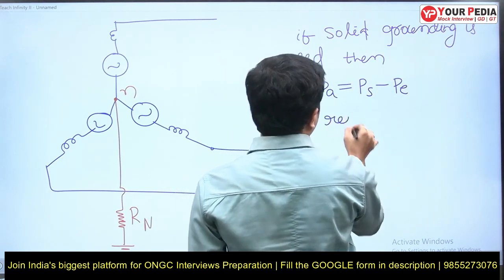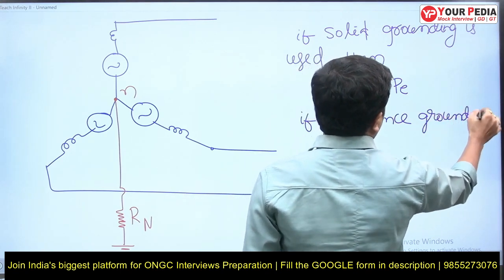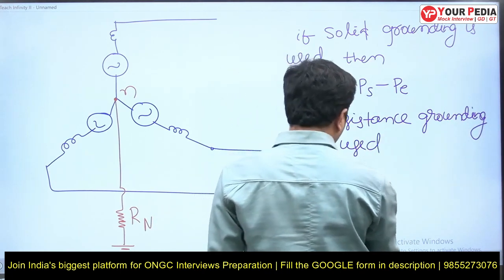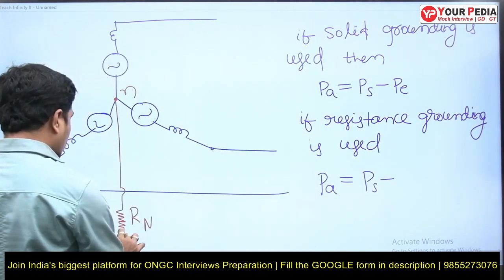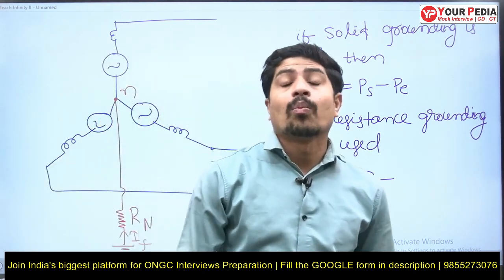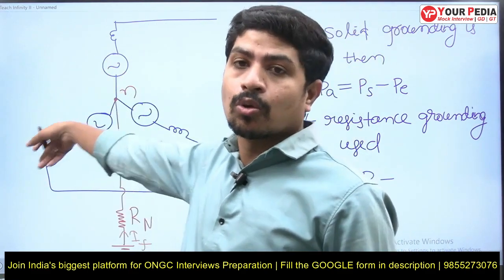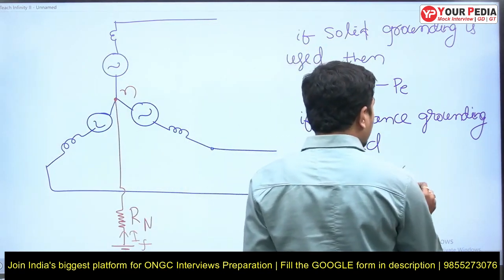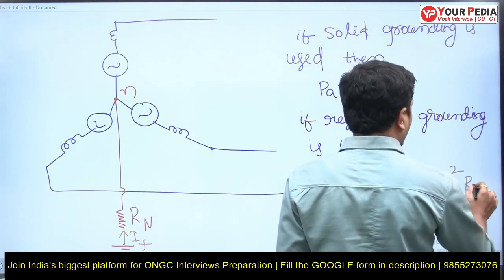If resistance grounding is used, PA is equal to PS minus PE plus 3 times IF square Rn, because the fault current IF will find a closed path through the ground to the neutral of the generator through this resistance, for a grounded fault.